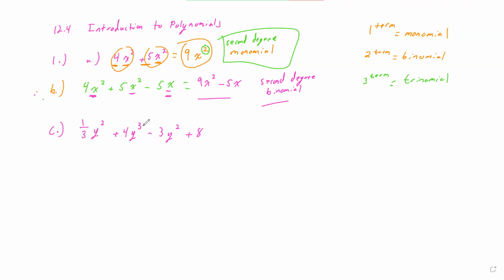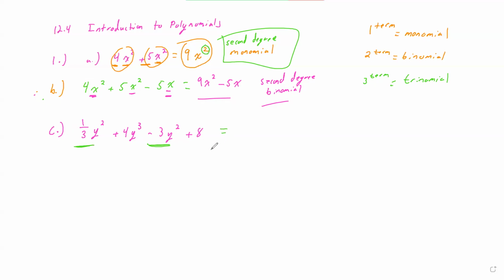This one has a third degree. This is a second degree, so I could not combine those. Perfect. I can do the 1/3 and the -3 because those are both y squared.